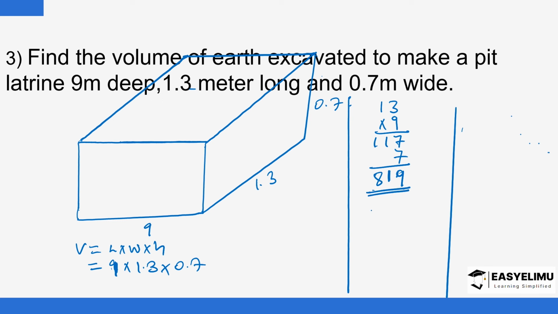So the volume should be 819, and we had two decimal places. So this is where the decimal point is.